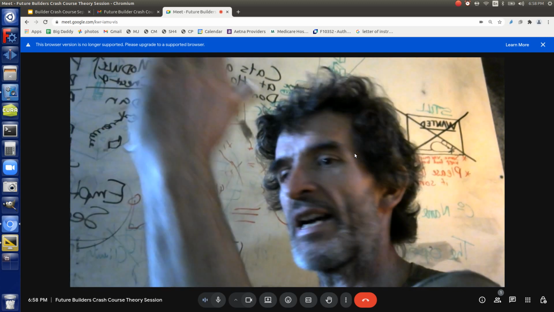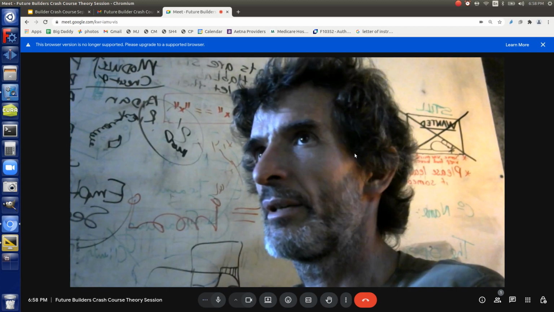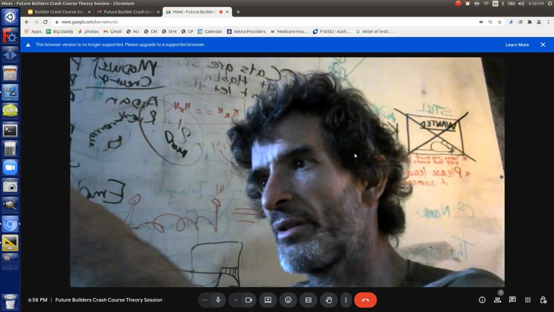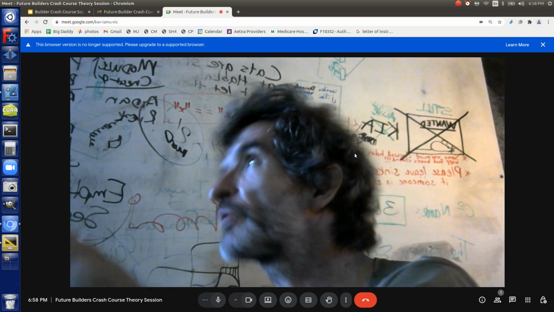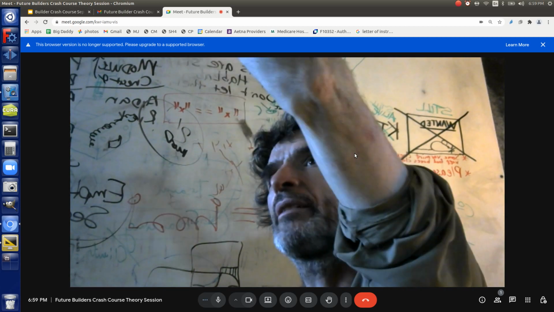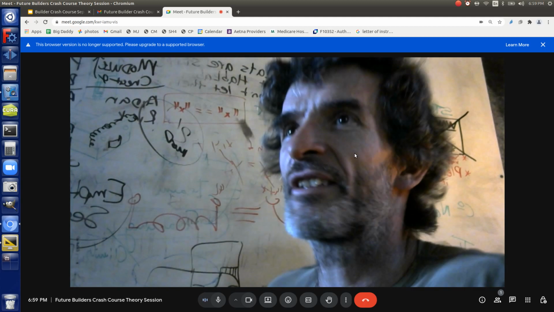Well, how much is that? Say you got a 4x4 for practical purposes, 8 feet. How much can you twist it to the side before it's not pressing into the ground and it wants to collapse?